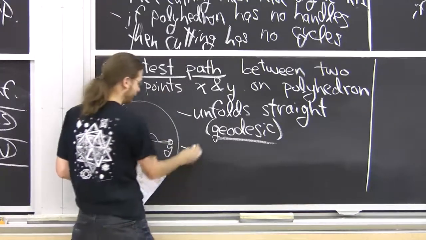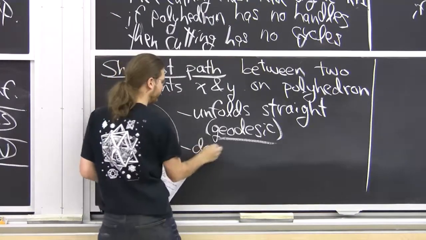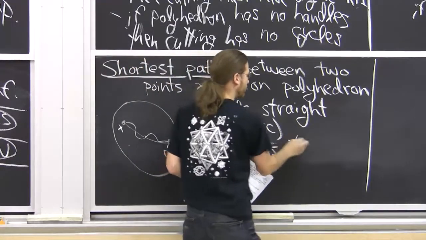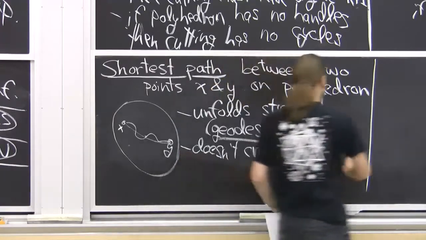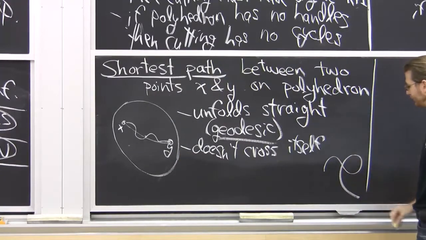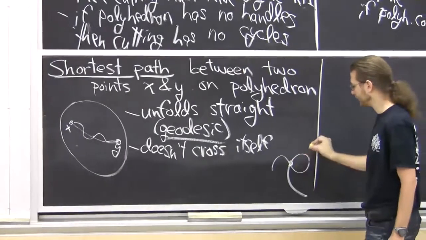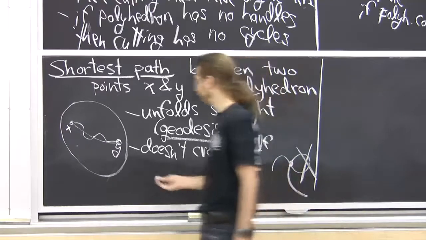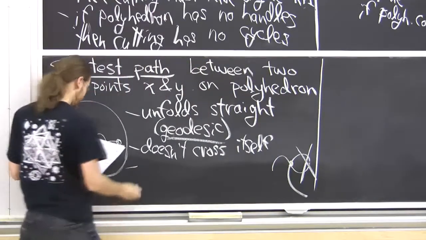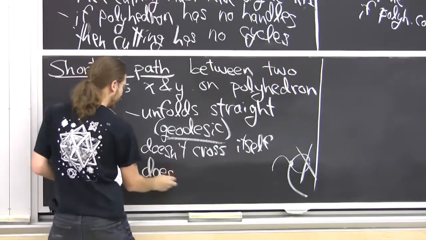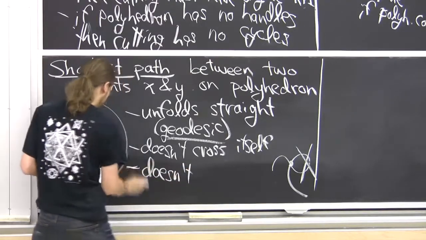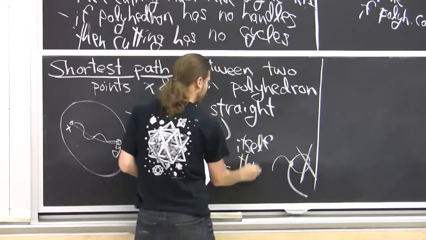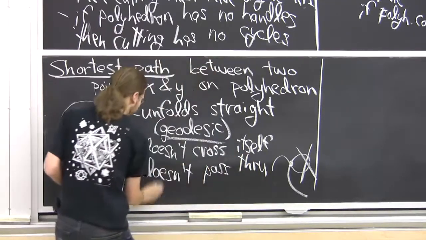But shortest paths never cross themselves. Because if you had a shortest path that crossed itself, that wasn't shortest. You should have just gotten rid of this part and gone straight through the crossing. So that's sort of trivial. And there's another good fun property that you may not have noticed in those figures, but they never pass through a positive curvature vertex.